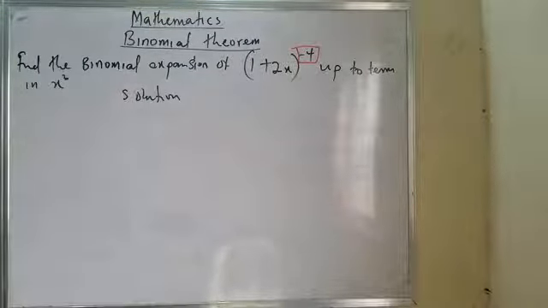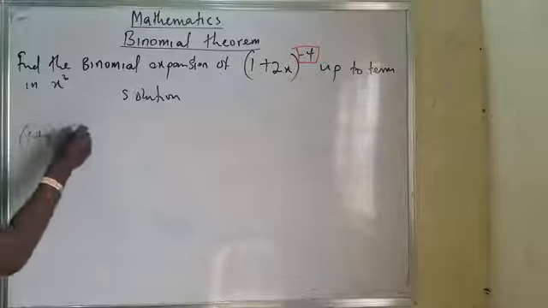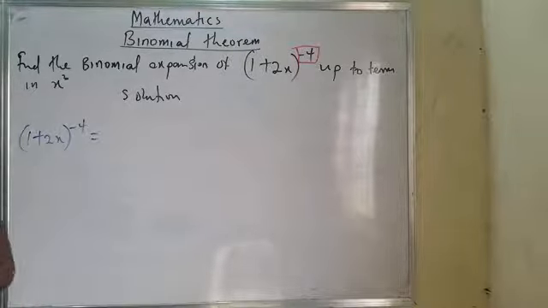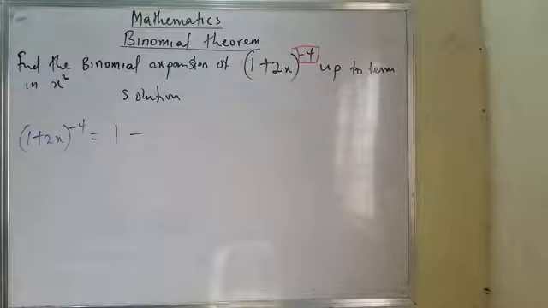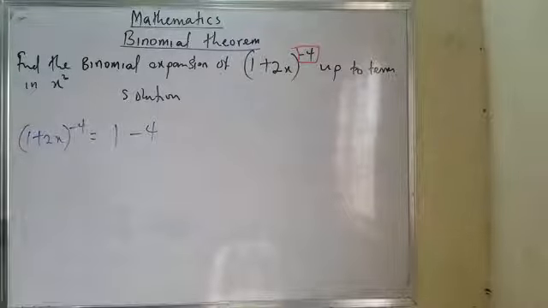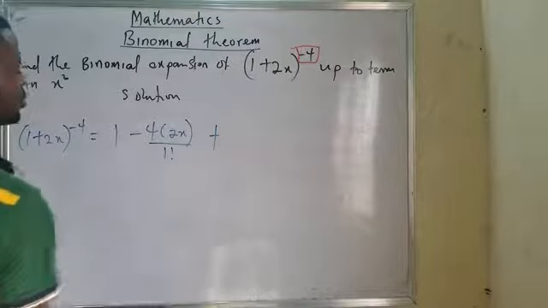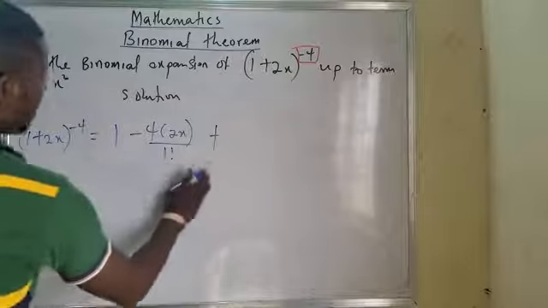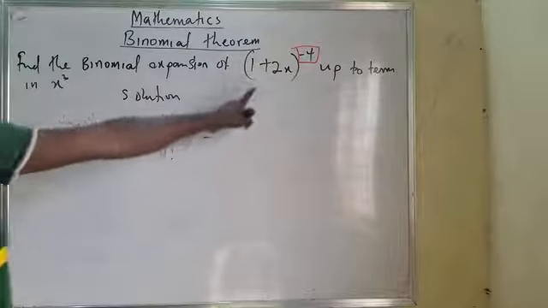If the power is less than 1, the first thing I will do is this: 1 plus 2x to the power minus 4 will be equal to 1, and then I bring down the minus 4 times 2x divided by 1 factorial. Please take note of that: if this is plus, it will be minus here. If it is minus, it will be plus.